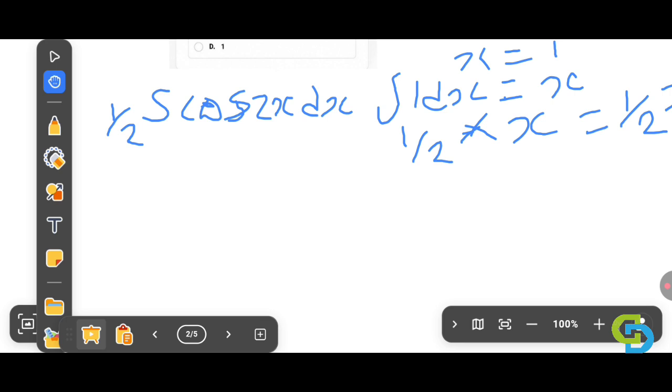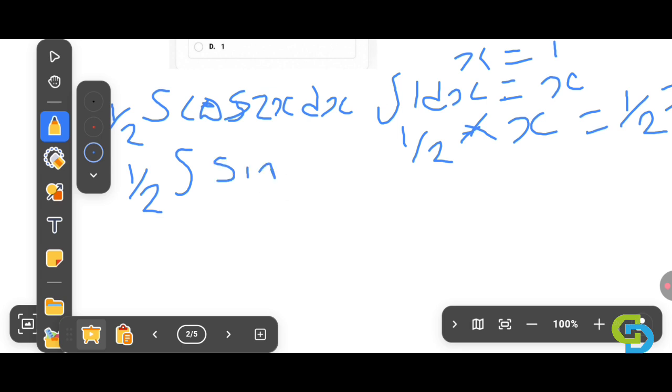So our answer is going to be 1 over 2 cos 2x dx. In using the chain rule, we are going to get sine 2x. So we're going to have 1 over 2 here.